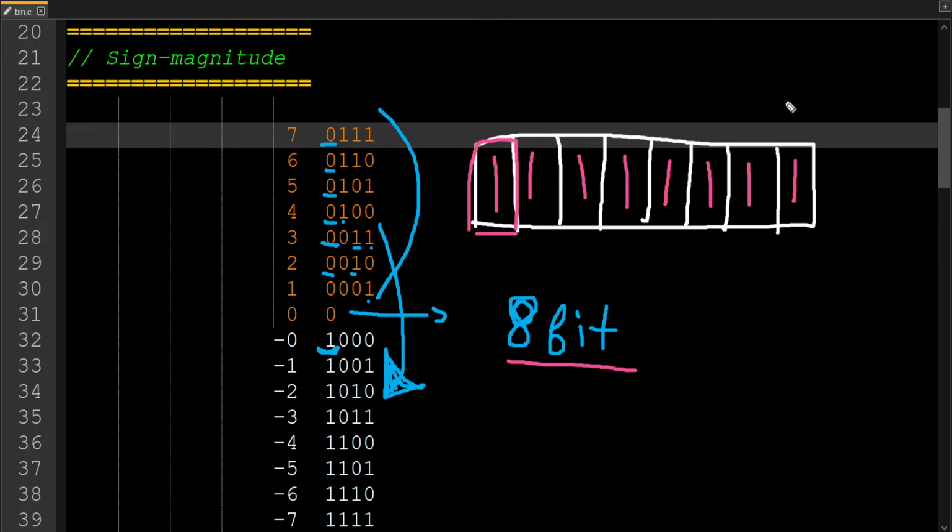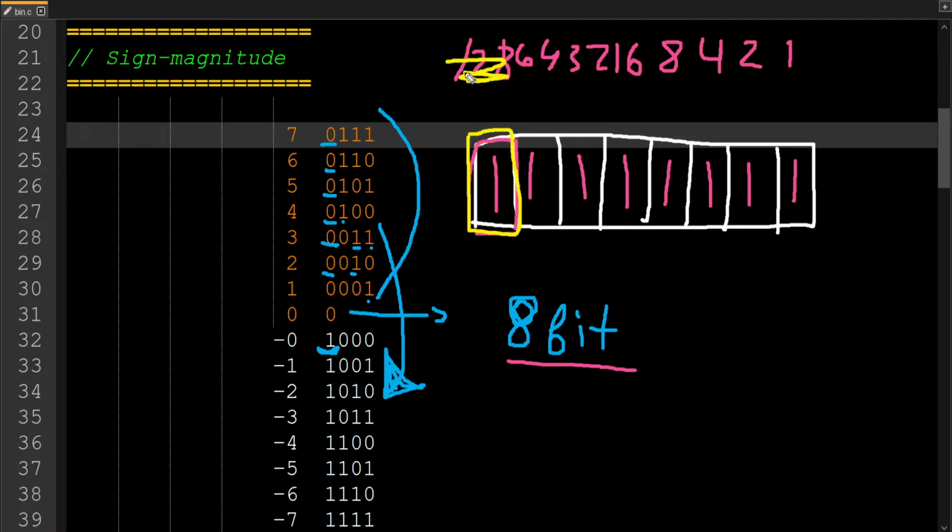As you might remember how to count such things very fast, you could just write the base: 1, 2, 4, 8, 16, 32, 64, 128. As this bit is the sign bit, we do not count it, so we do not have 128 here, but all the other bits we have.